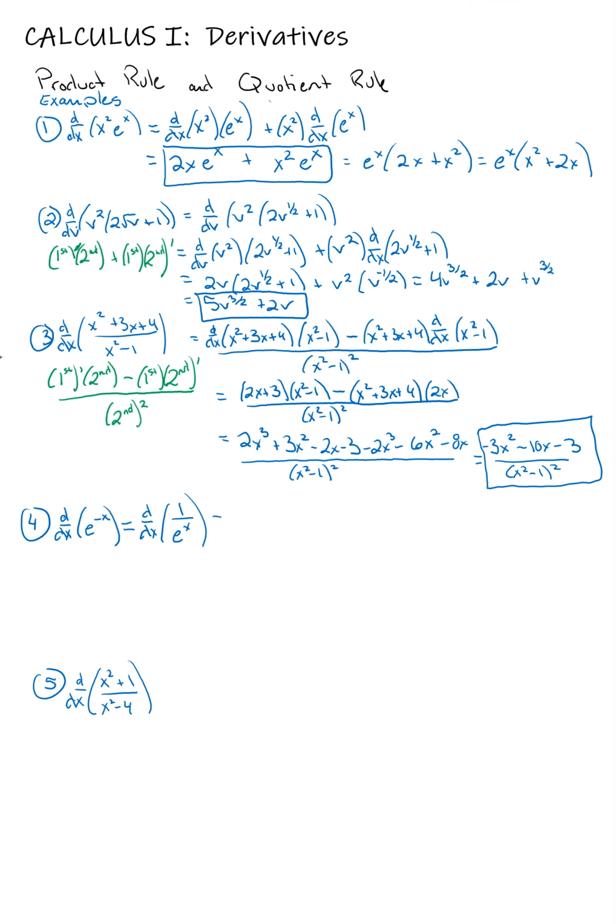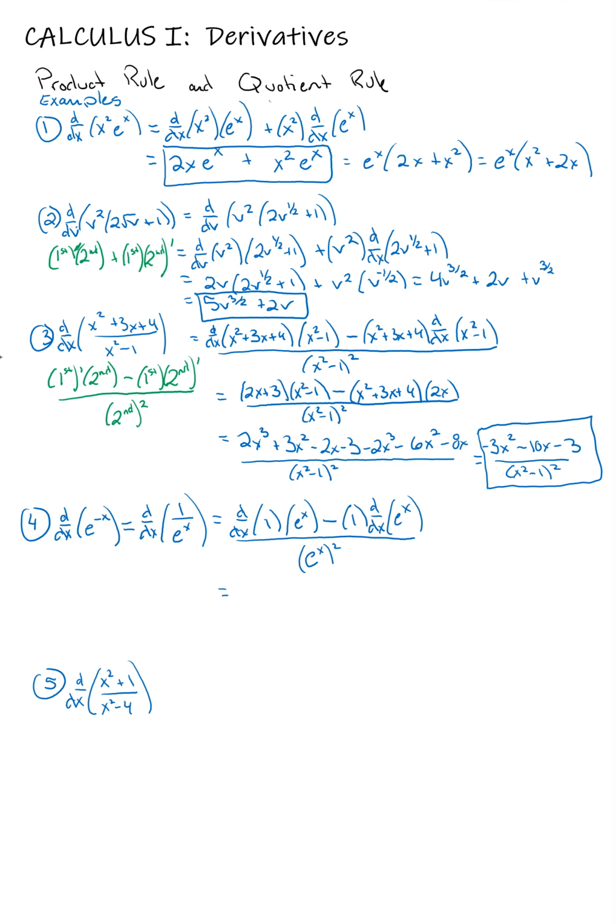So using the quotient rule, we'll take the derivative of our first, which is just 1, that's the numerator, times the second, in this case that's our denominator, e to the x, minus the first, which is our numerator, 1, times the derivative of the second, which is, in this case, the denominator. All of this will be over the denominator squared.